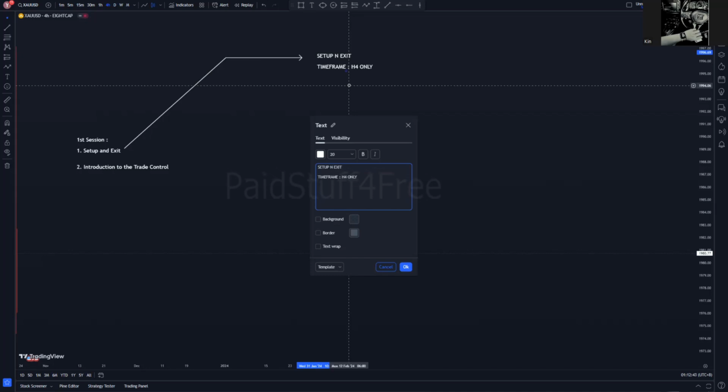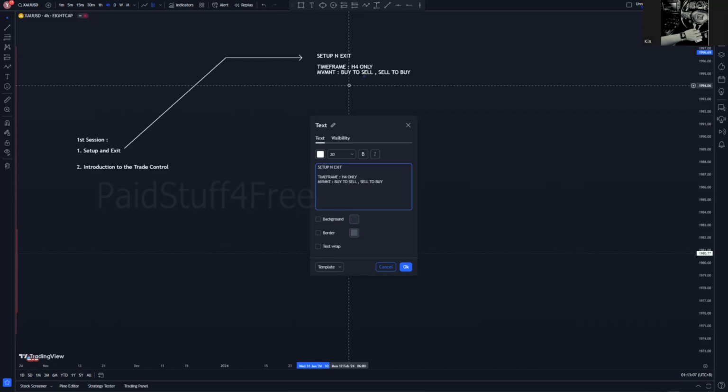After the time frame, the most important part is going to be the movement. We need to understand the movement inside the chart. The chart is going to move from buy to sell, and then from sell to buy. It is going to keep on repeating like this over and over.